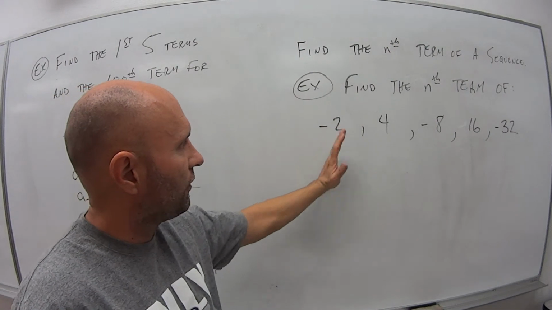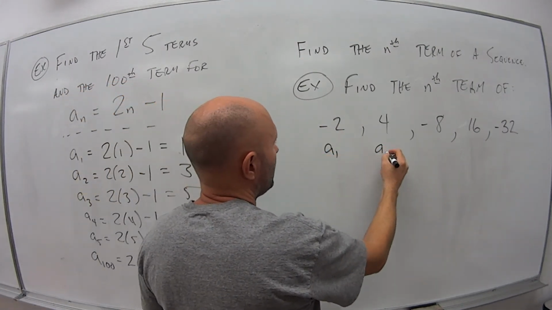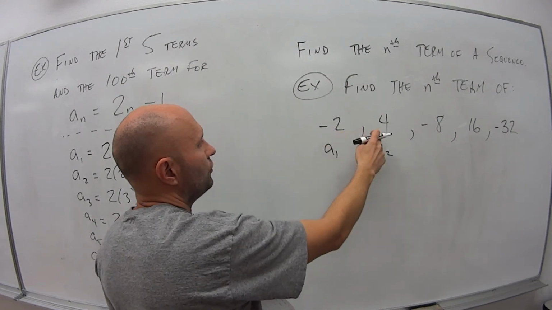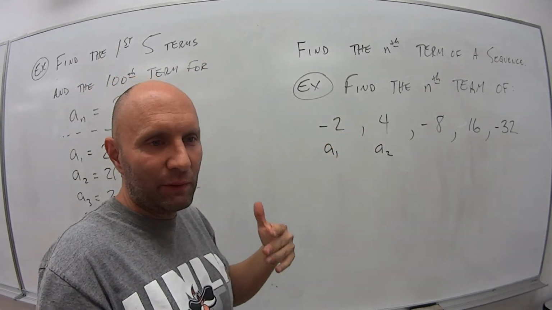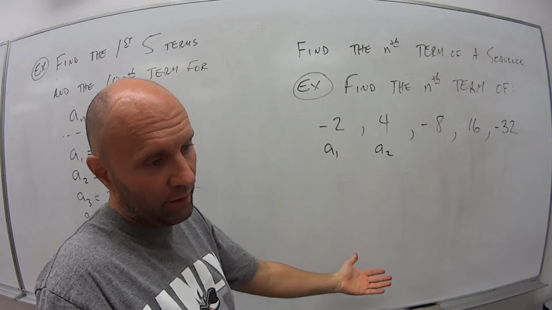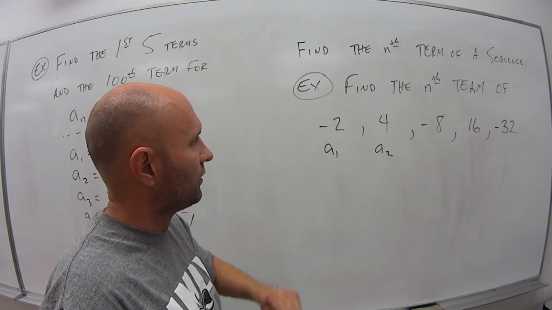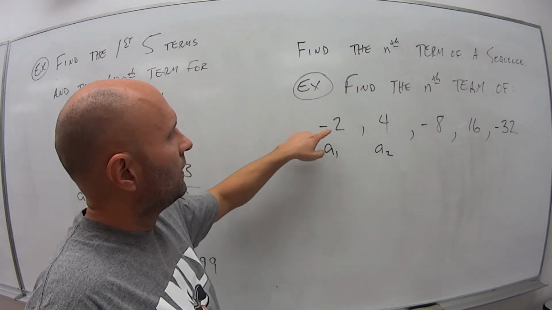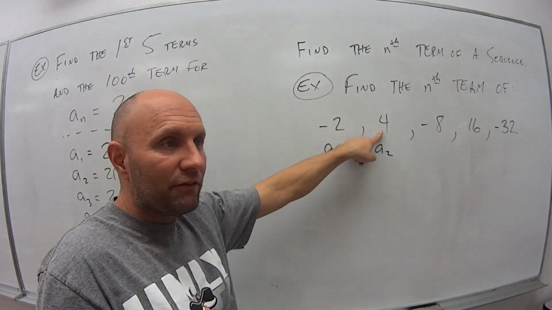If this is our A1 and this is A2, what do we have to do to get from A1 to A2? Well, basically we have our 4 operations: addition, multiplication, division or subtraction. So to go from -2 to 4, I would have to add 6.